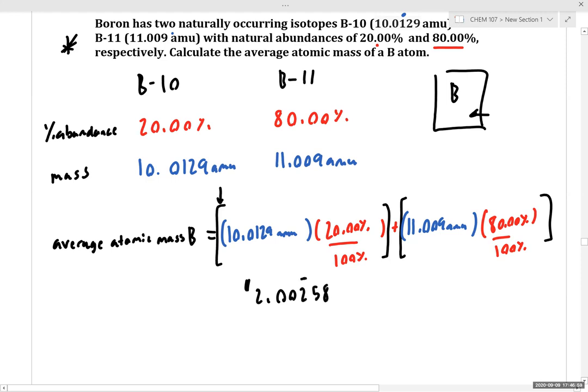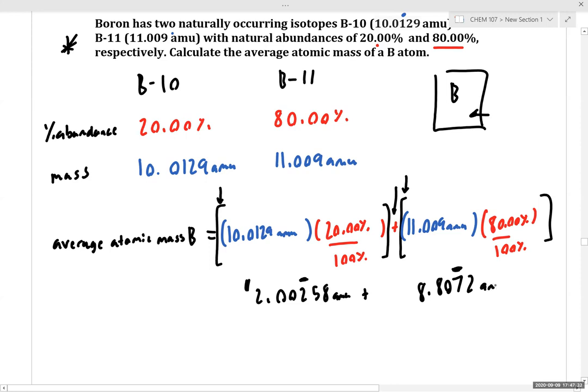Following sig fig rules, this number should have 4 sig figs or 3 decimal places. Okay, then we're going to hit the plus symbol and then another parentheses. So we have 11.009 times 80 over 100. And that would give us 8.8072. So this number in this case has 4 sig figs, 3 decimal places.